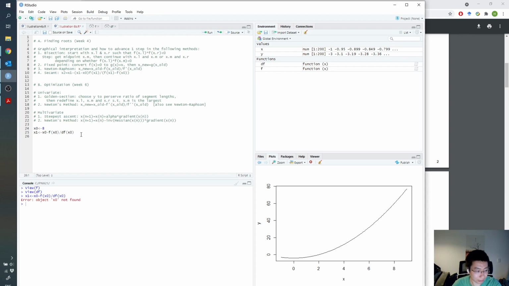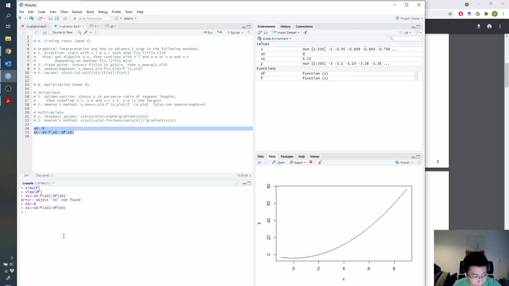So if I did this, oops, let's define both of those. So if I did this, apparently the next step is going to be 4.25, right?